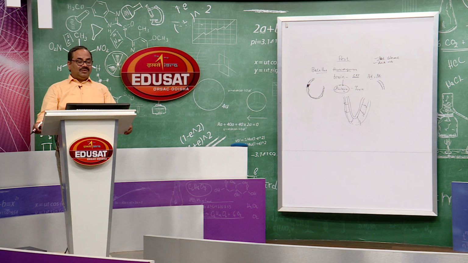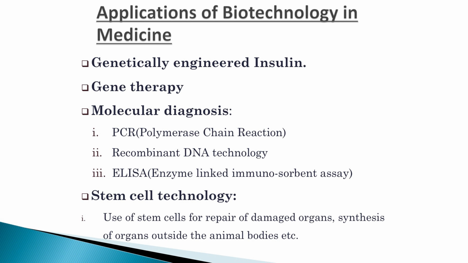Then we shall go to the molecular diagnostics, where we use polymerase chain reaction, PCR technology. I have already referred to this for the detection of COVID-19 virus, RT-PCR.